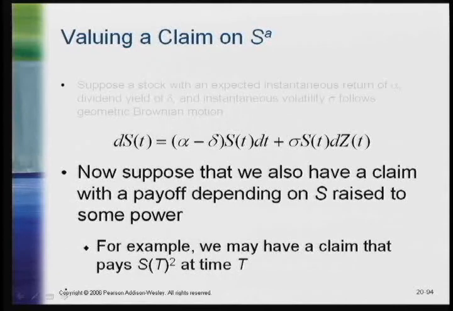So we might now want to value a claim on a power of S rather than something simple like a call on S. This is more complicated by its nature because it's a nonlinear function of S. So S squared might be an example. What would be the value of a security which at time t pays you the price of a stock squared, for instance?